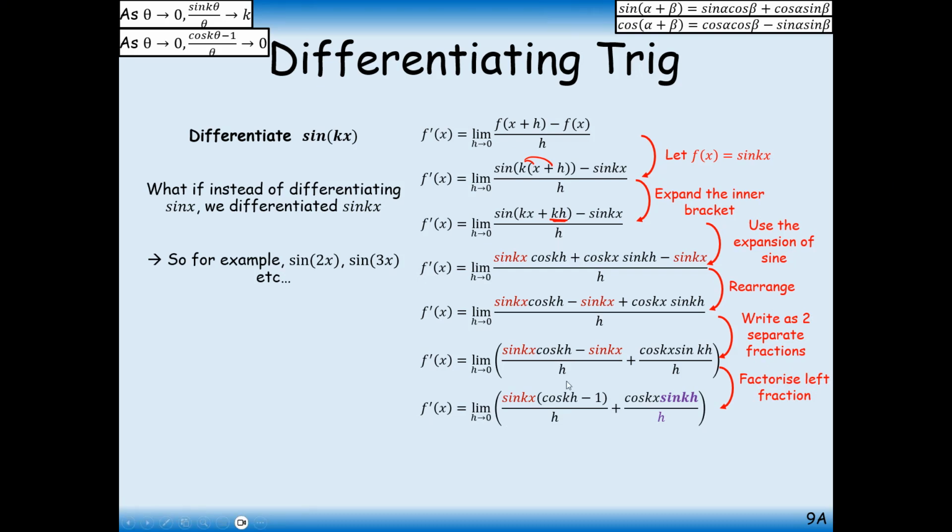When you think about this, the bit in purple will approach 1, actually, sorry, will approach k, and the bits which are circled in blue here will approach 0. So that expression will approach k. So we will have k in front of cos kx. And so from this, we can make some generalizations.